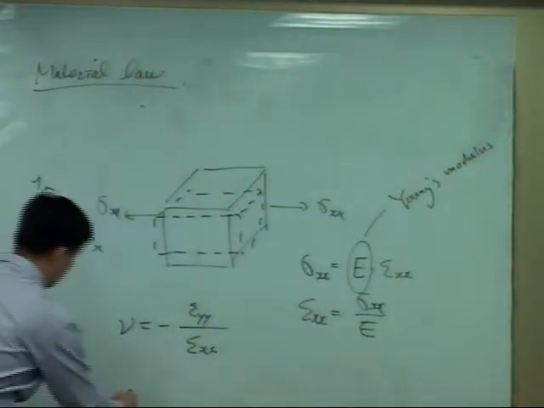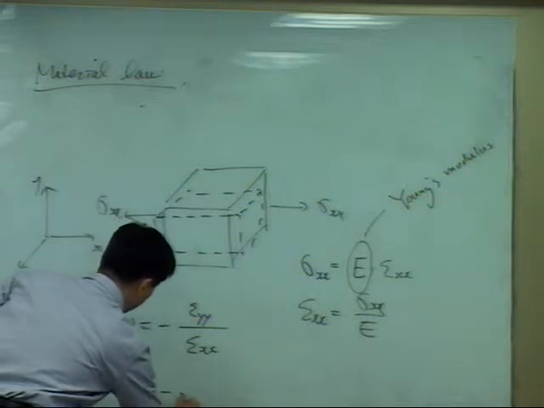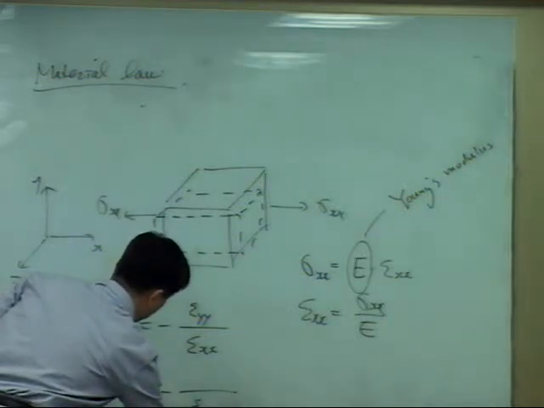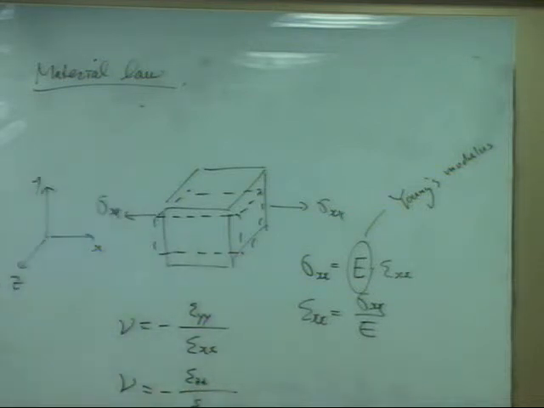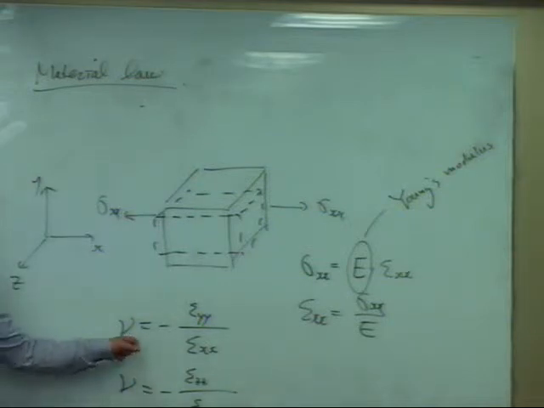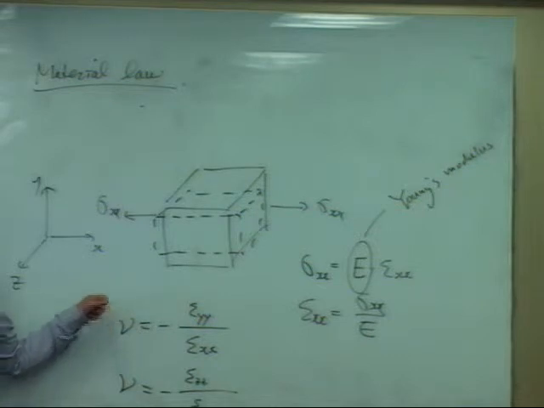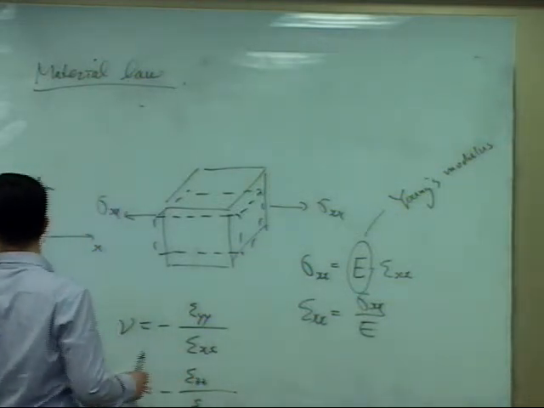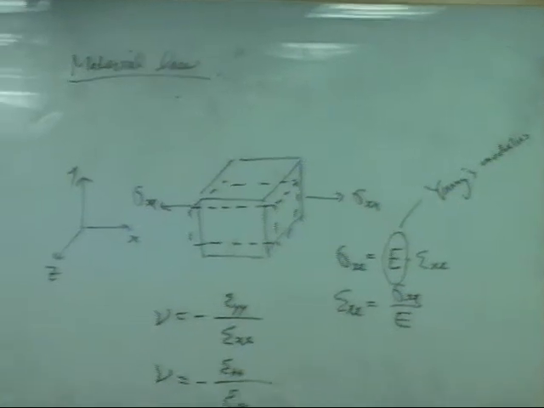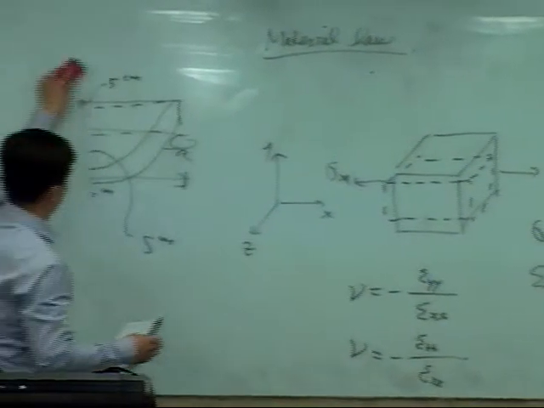Mu is minus strain YY over strain XX, or strain ZZ over strain XX, when the material is isotropic. If the material is not isotropic, we are going to have a different Poisson ratio for the X, Y, and Z directions, but I'm talking about isotropic material.